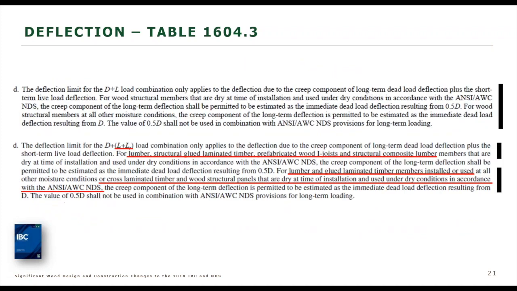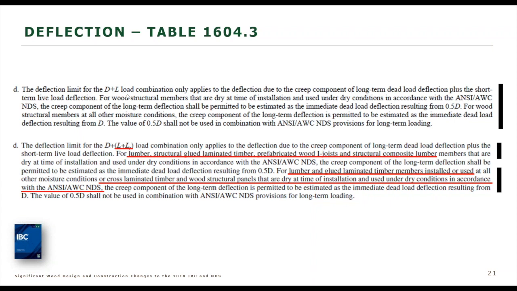So first off, we'll look at footnote D, and when we're looking at wood members and the deflection criteria. Now the top footnote, footnote D, is from the 2015 IBC, whereas the bottom footnote is for the 2018 IBC. You'll see that it used to state, when we're looking at deflection, deflection limits for dead load plus live load.